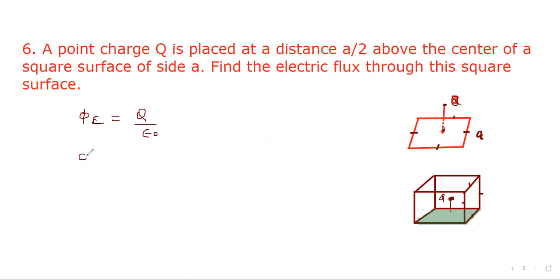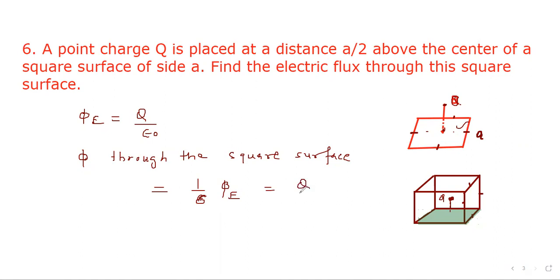So flux phi through the square surface given here will be equal to 1 by 6 of the total electric flux, that is Q by 6 epsilon naught, which is our answer.